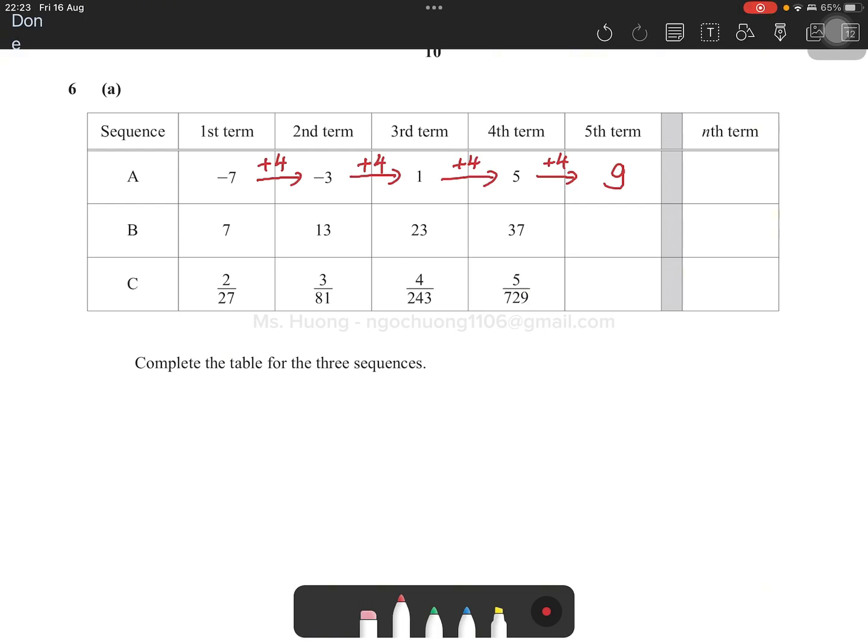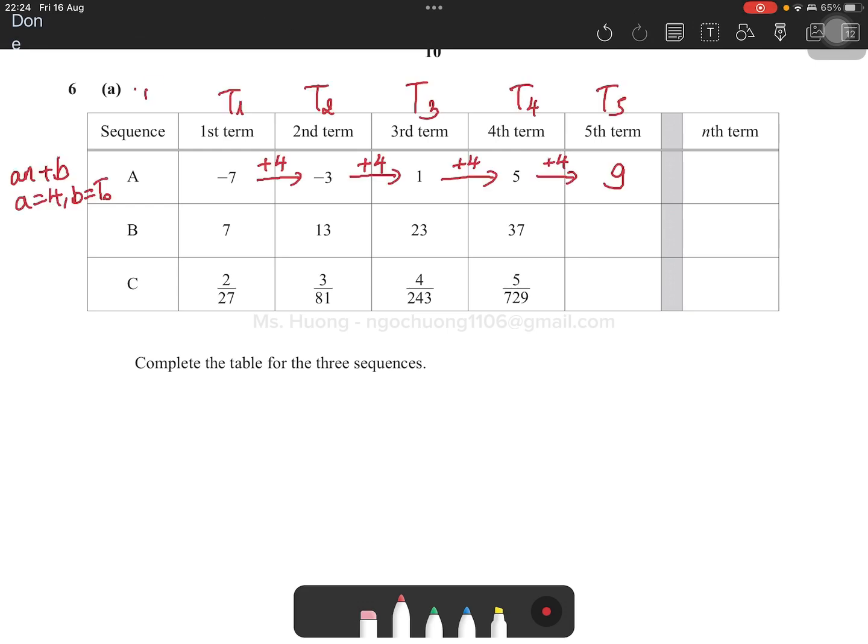And to find the nth term, we see that the common difference is 4. You know the general form of a linear sequence is an plus b. A is the common difference, and b is t0. This is t1, t2, t3, t4, t5.